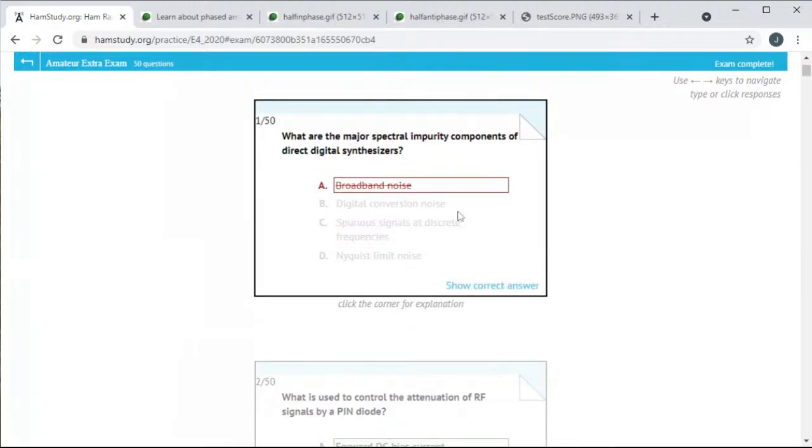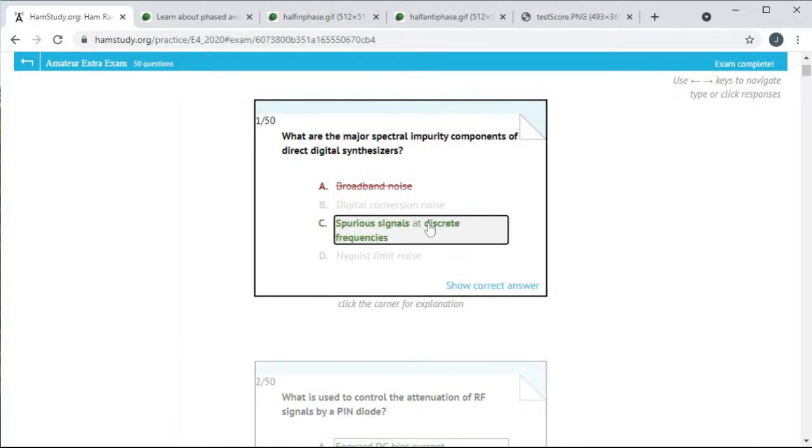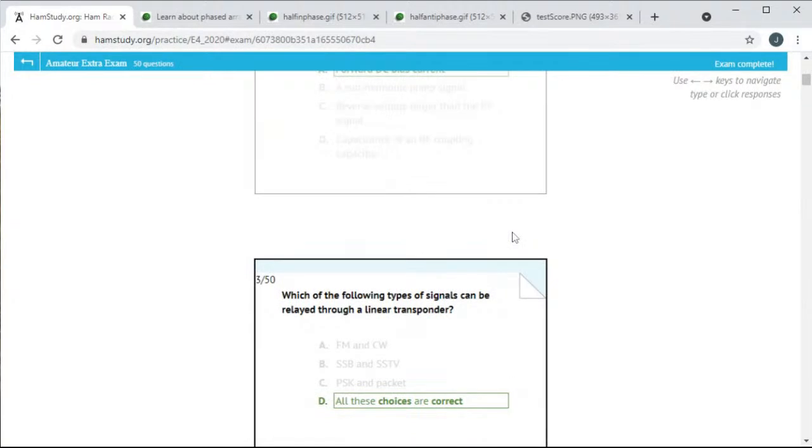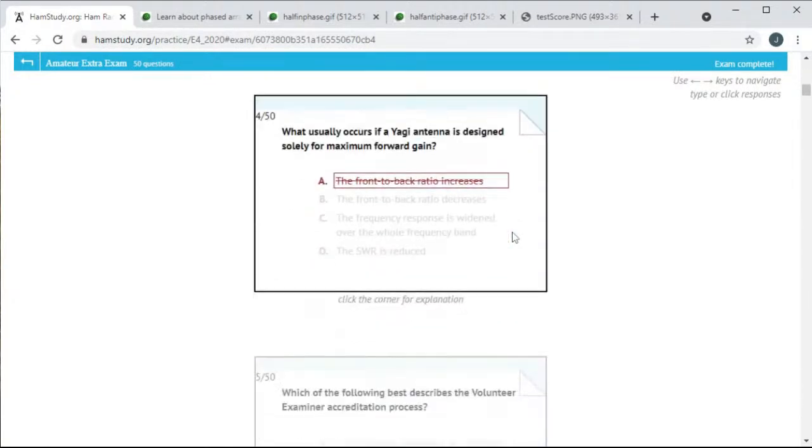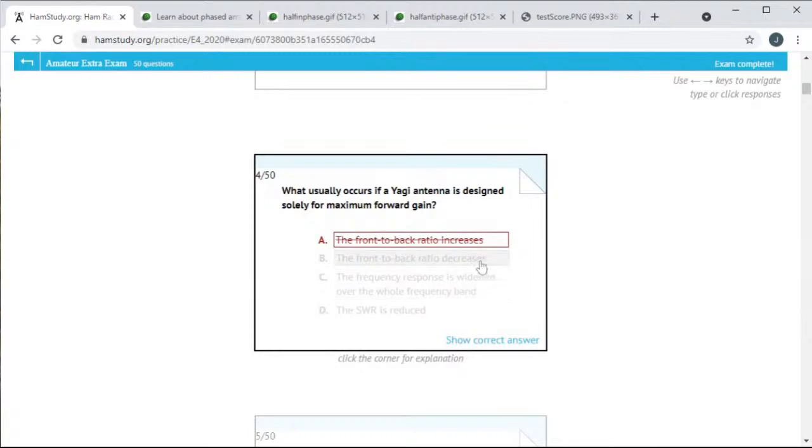Right out of the gate, I got the first one wrong. The major spectral impurities are spurious signals on discrete frequencies. Okay. So the next one, okay, I had it backwards. The ratio decreases when you do forward gain.